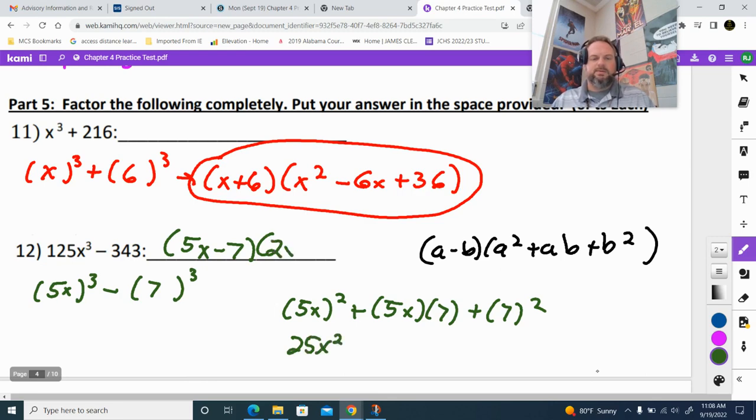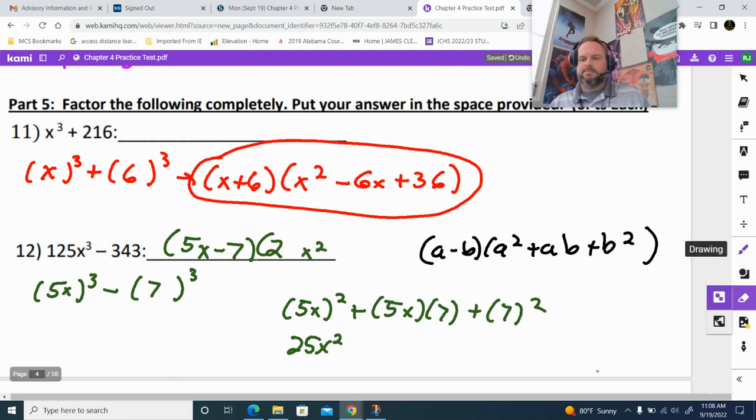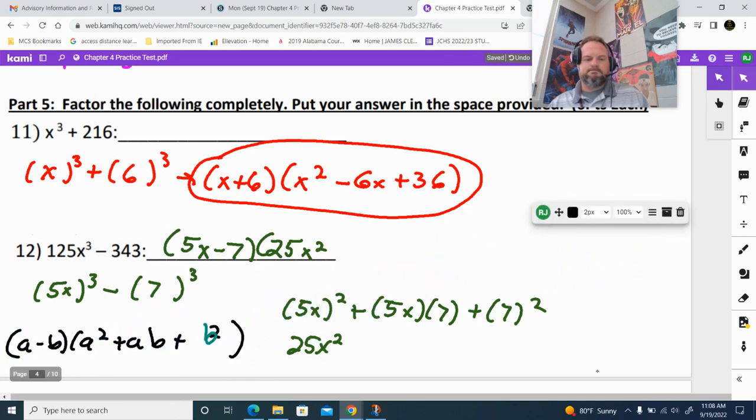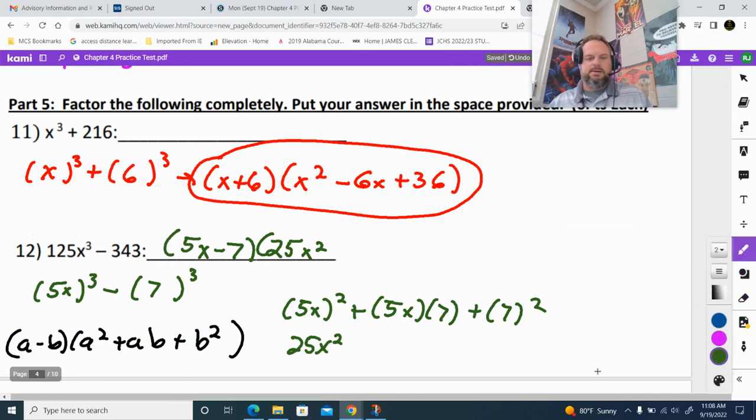So that will go here. And that's gross. All right. 5x times 7 is 35x. And then 7 squared is 49. Okay.